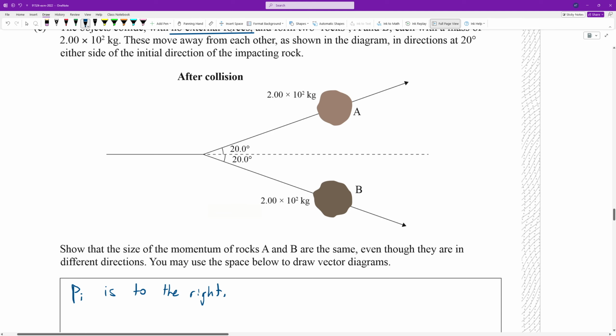Cool. All right, so that's before. Now afterwards, the final momentum must also be to the right. And that's because momentum is conserved. So P is conserved. So Pf is to the right.